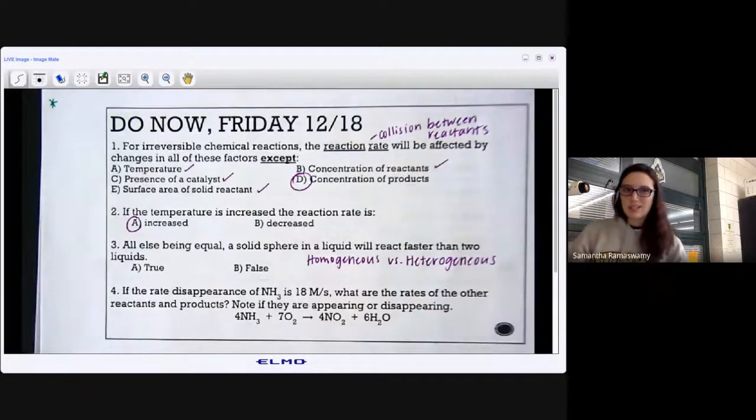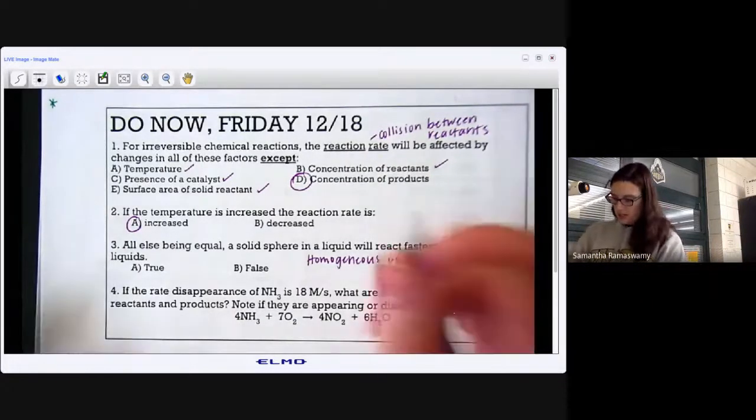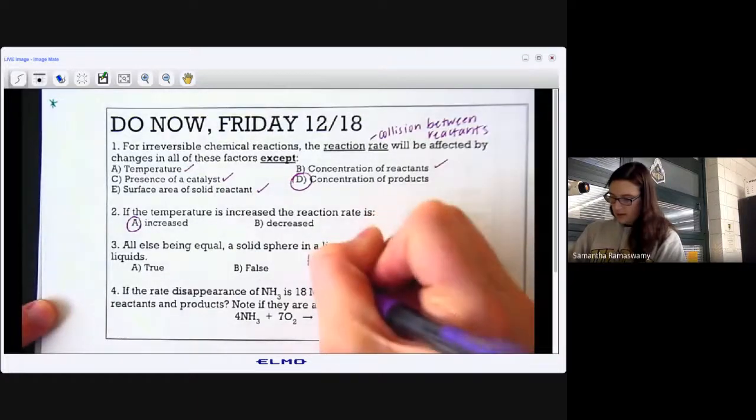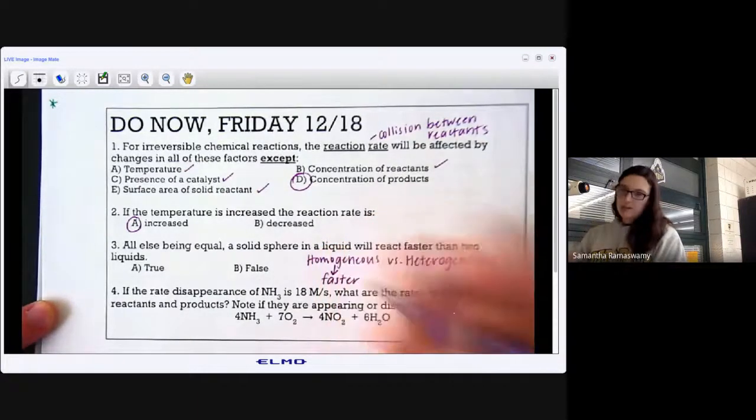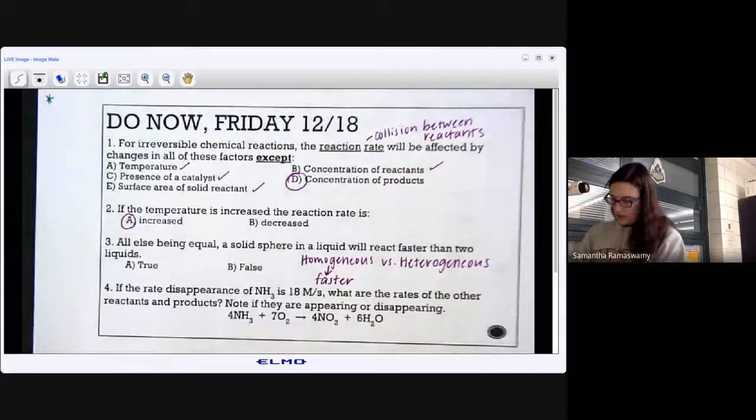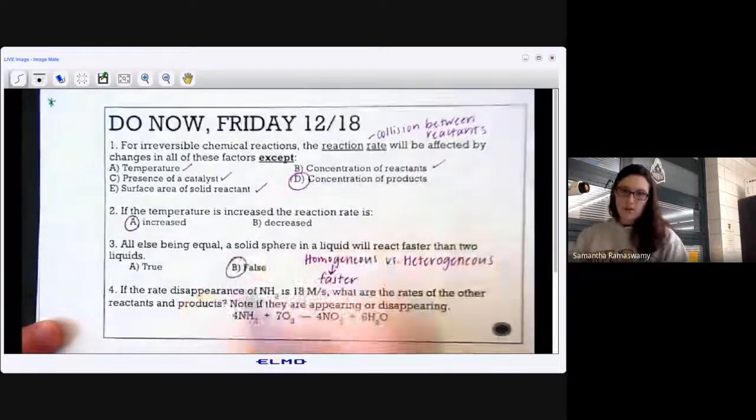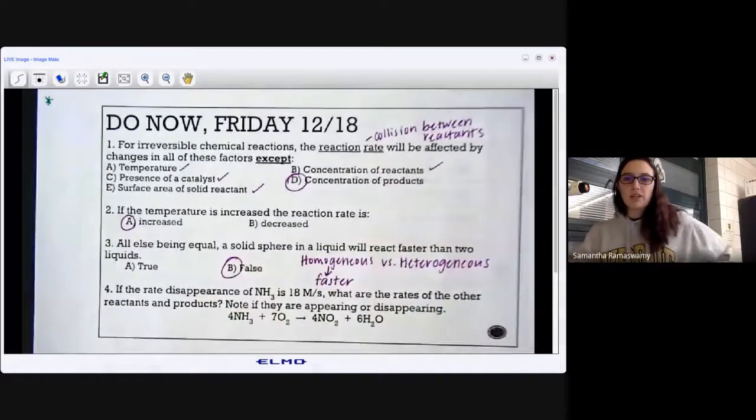So the more collisions, the better. Homogeneous actually reacts faster because there's more contact. So for number 3, that's going to be false. 2 liquids will actually react faster than a solid in a liquid.